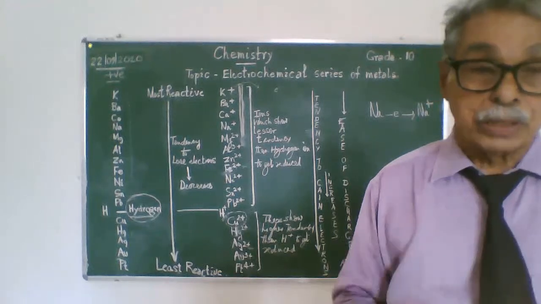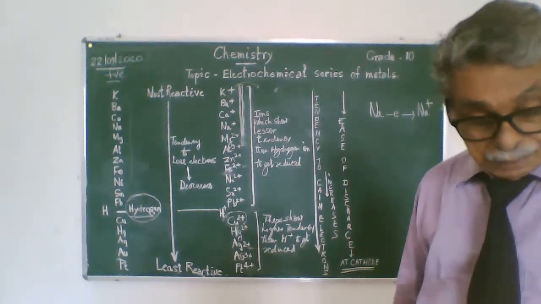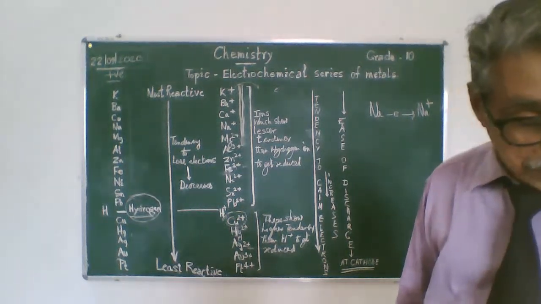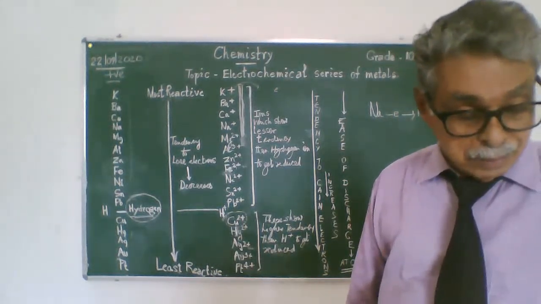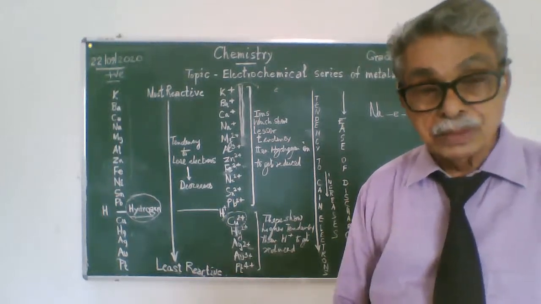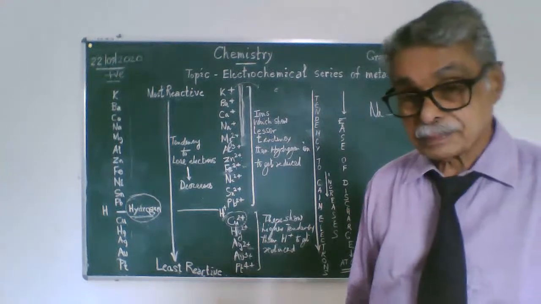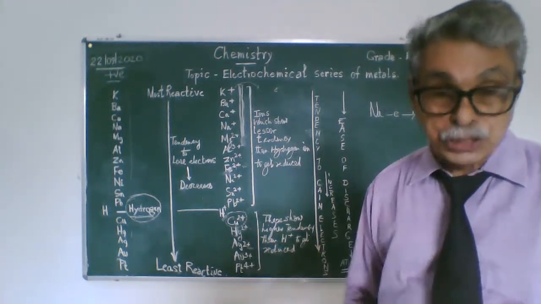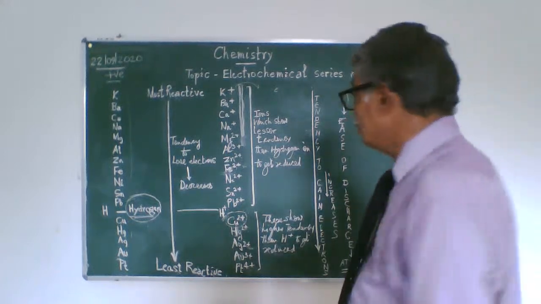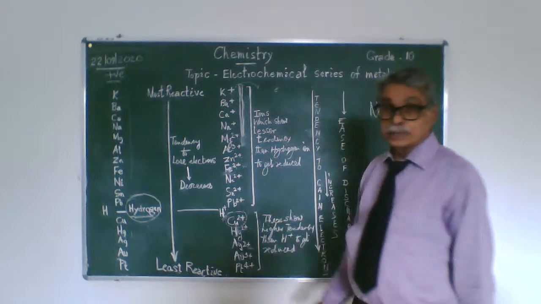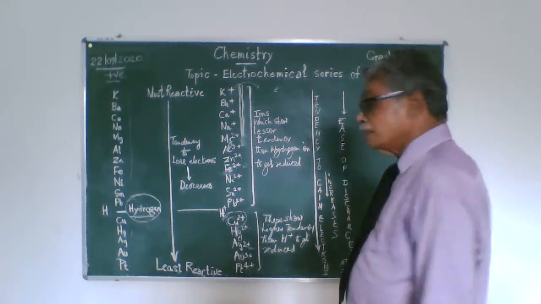You can note this down: based on the ease with which atoms of metals lose electrons to form positively charged ions, metals are arranged in a series known as the electrochemical series.